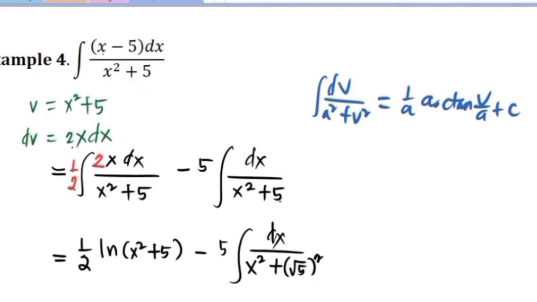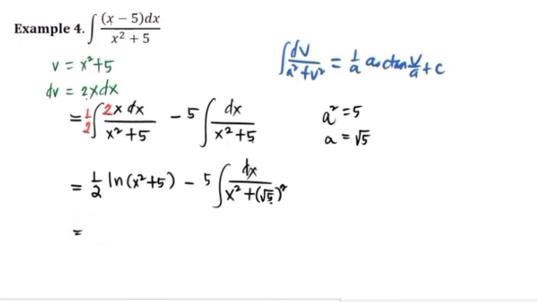And so kung nagtataka kayo kung bakit naging ganito to, algebra lang kasi to, no? So if we let our a squared is equal to 5, so therefore if we are going to find the value of a, that's just the square root of 5. So kaya ito yung base natin na a is the square root of 5. So basic naman yun. Dapat hindi ko na sinasabi pero okay lang. Okay, so continue tayo.